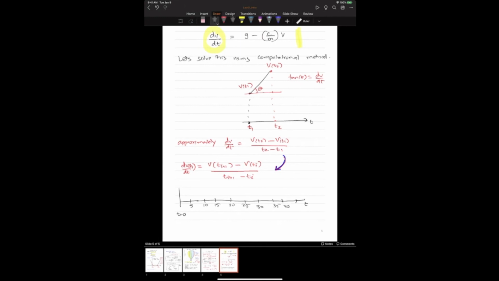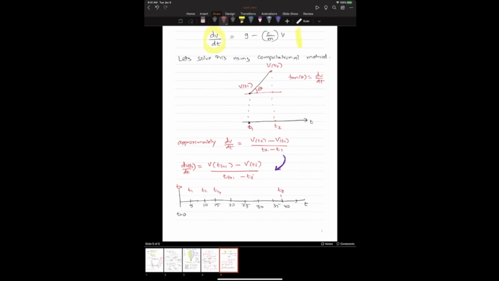If this is t1, this is t2, but it depends on how we assign numbers. Usually we will assign t1 for the starting time, but it can be any method. Usually it will be t0, t1, t2, t3, 4, 5, 6, 7, t8, something like that.